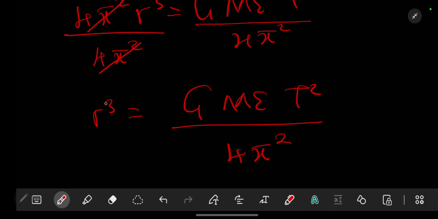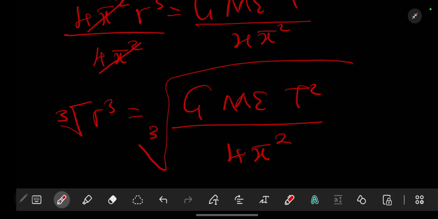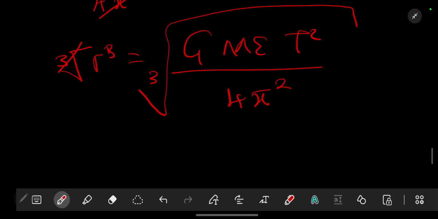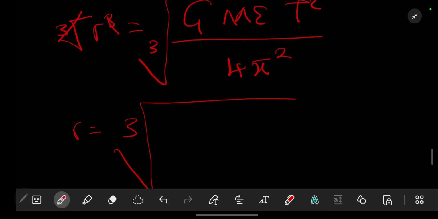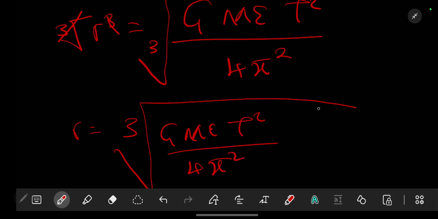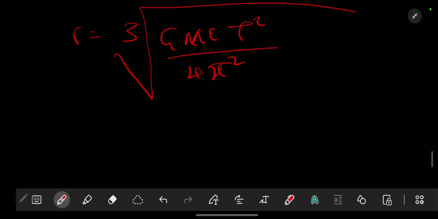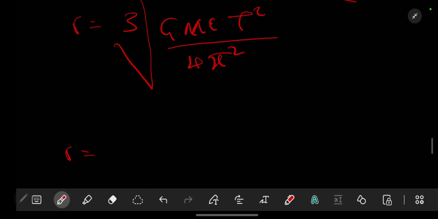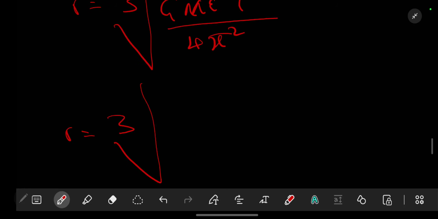Then we want to get rid of this power, so we are going to take the cube root. So this gives us r should be equal to the cube root of GM T squared over 4 pi squared. So we have the cube root of our value. What is our G?